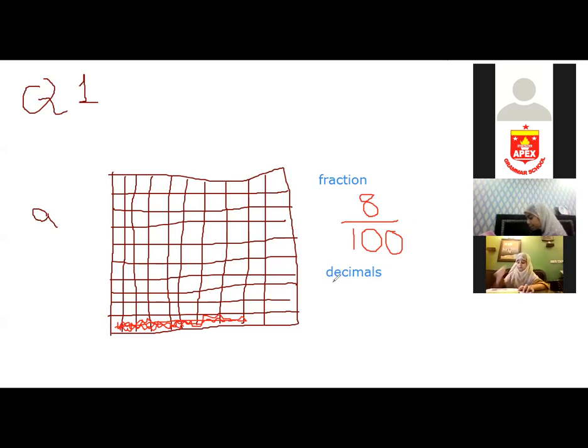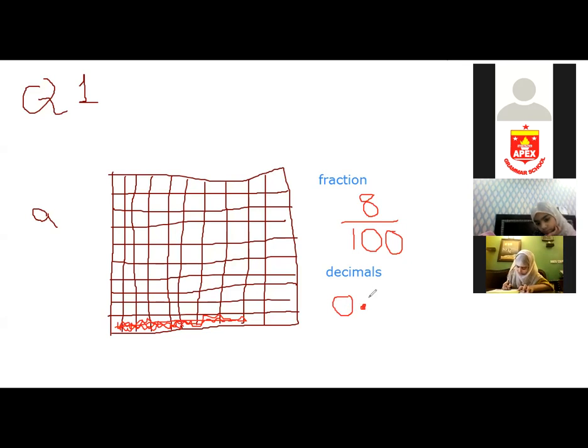Now they are asking to write it into a decimal. How we are going to write in our decimal? So first I'm going to write 0. Then I write my decimal point.